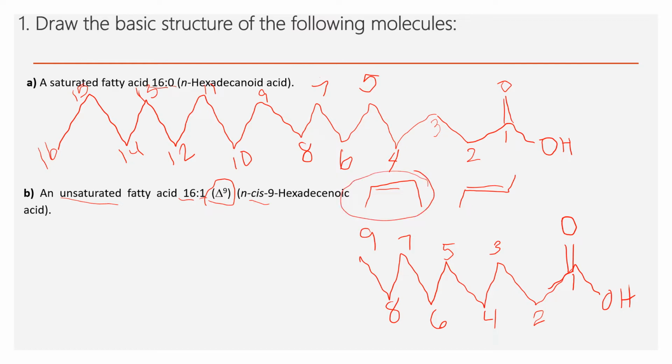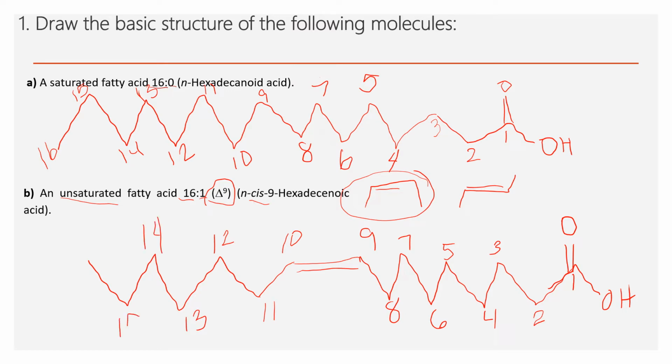There we go. And then we just keep going. So this is carbon 10, 11, 12, 13, 14, 15, 16. And it's that easy.